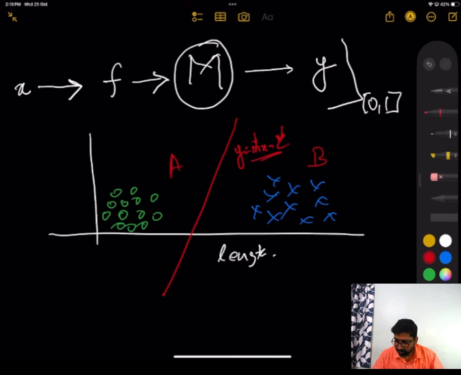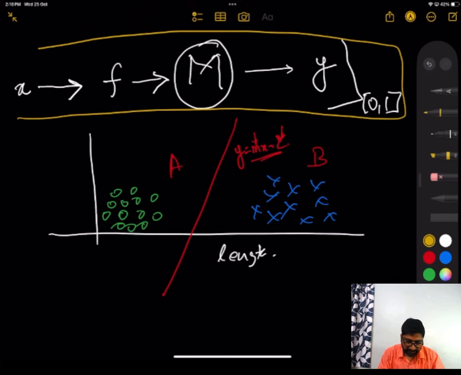Let me add one more point. Thus, in this equation, x is an input image or an input object, y is the features extracted, m is a model, and this y is a label.